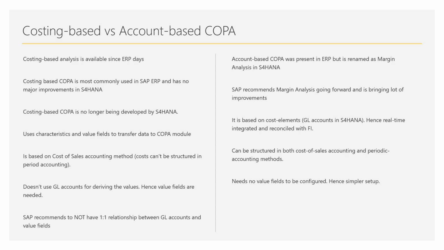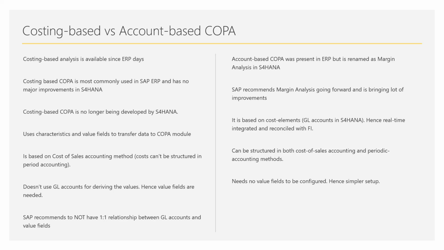So, costing based COPA is where the values are fetched via value fields. For example, if you are posting a sales transaction, in this sales transaction you have different characteristics like customer, material, sales organization, sales order type, billing document type, etc. Now, against all these characteristics, you need to have different values.